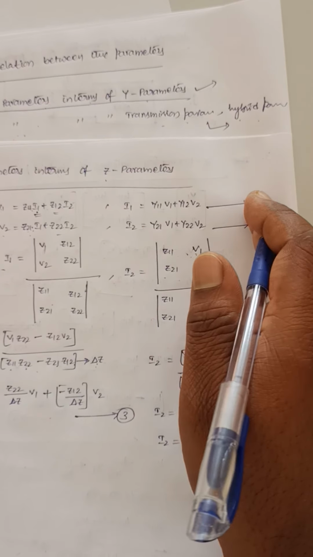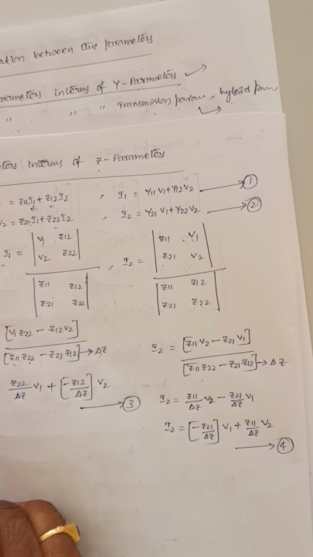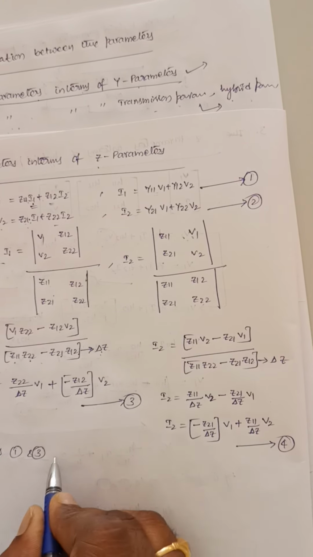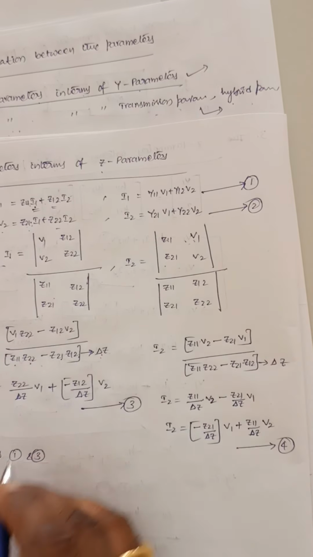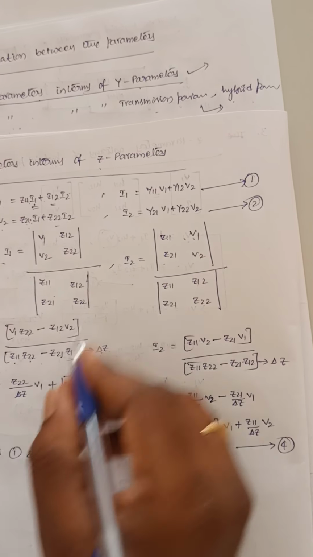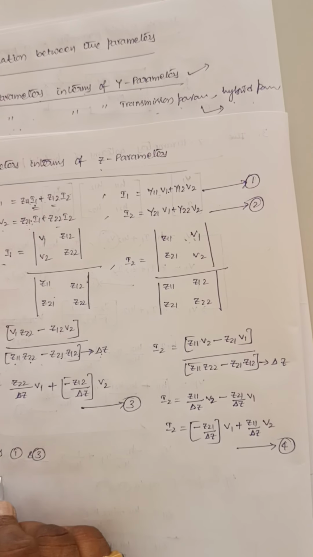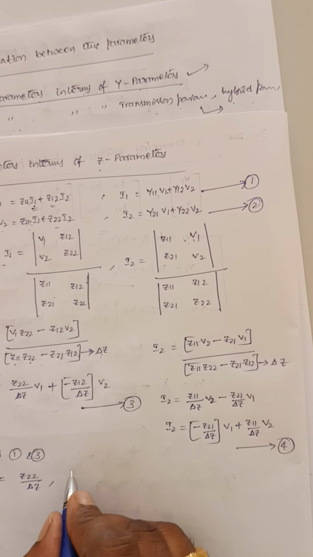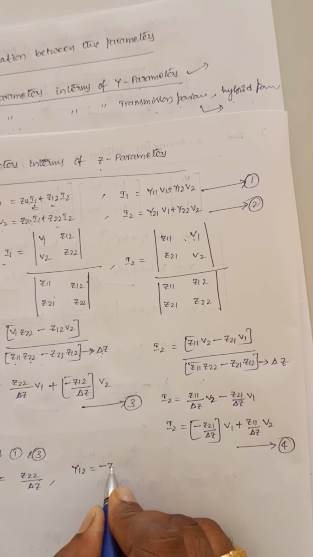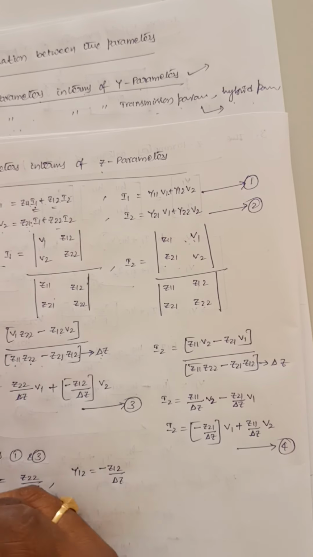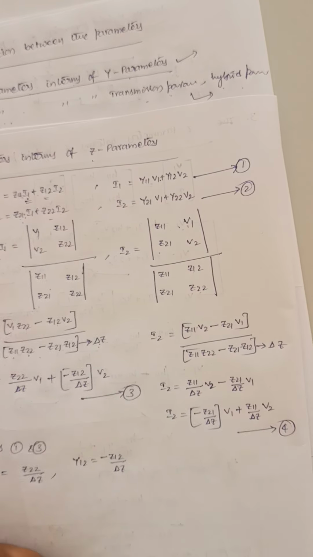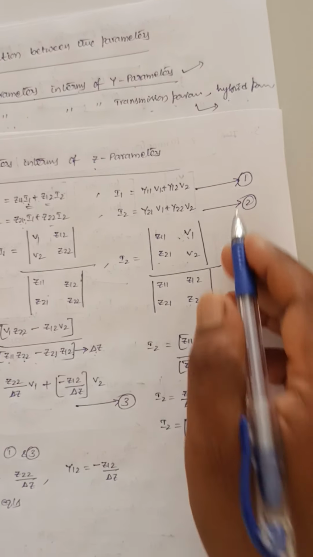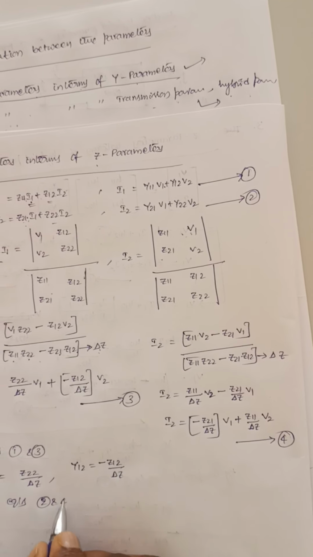Now compare equations 1 and 3. The coefficient of V1, Y11, is equal to Z22 divided by delta Z, and Y12 is equal to minus Z12 divided by delta Z. Next, compare equations 2 and 4.